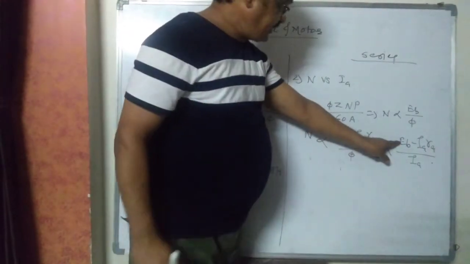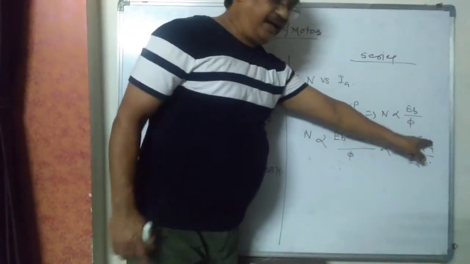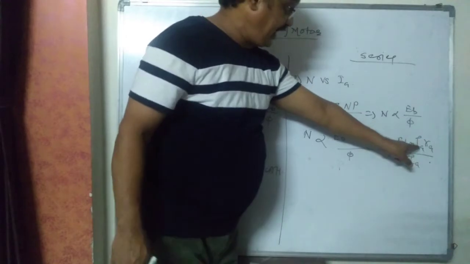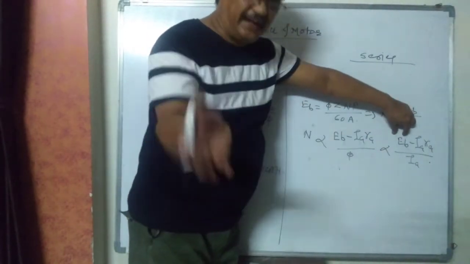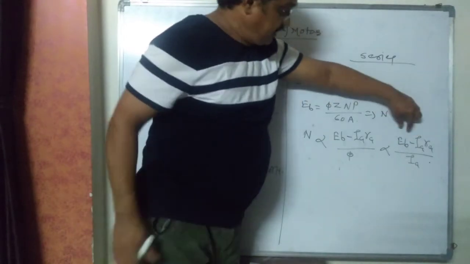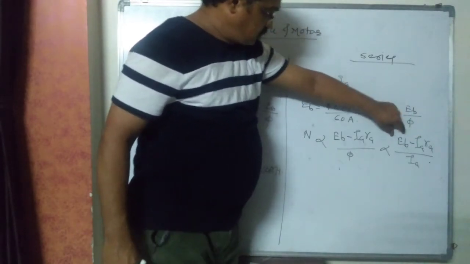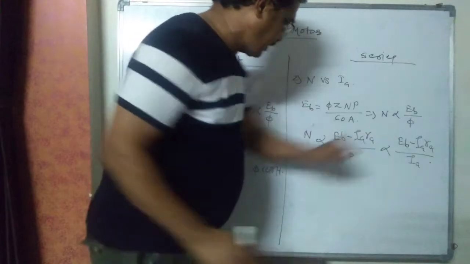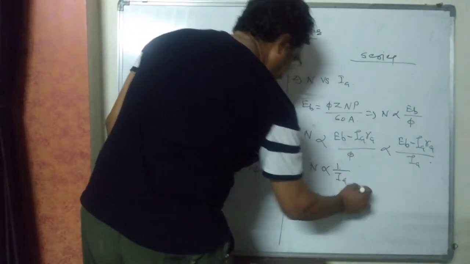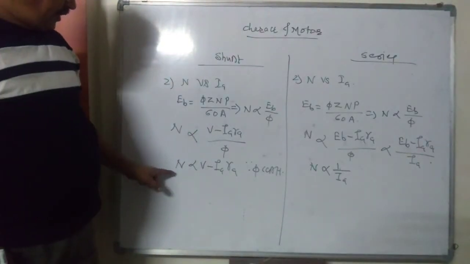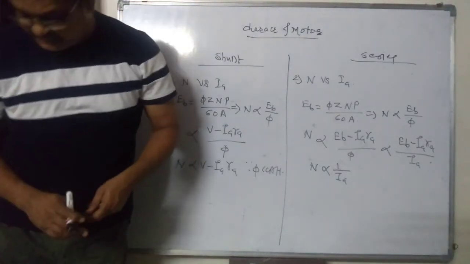Eb is voltage, IaRa is a negligible voltage drop, so this minus this is approximately equal to Eb. So we can write N is proportional to 1 upon Ia. Here in shunt motor, N is proportional to V minus IaRa.